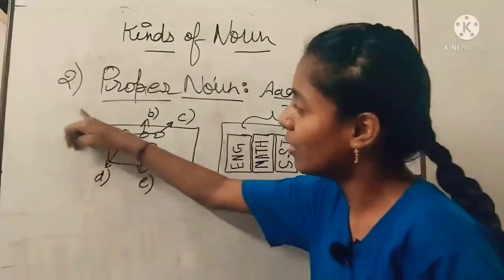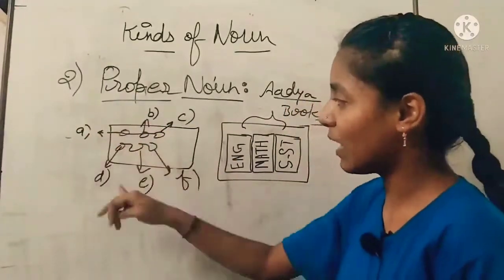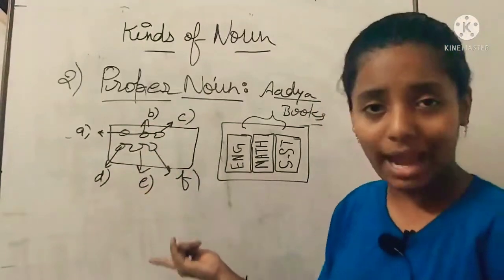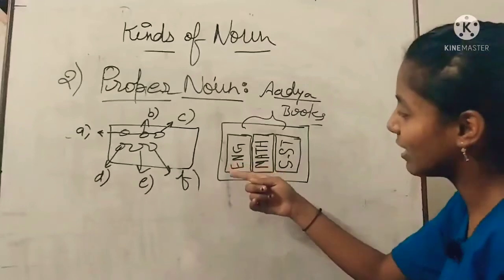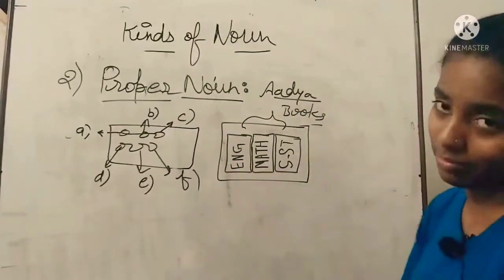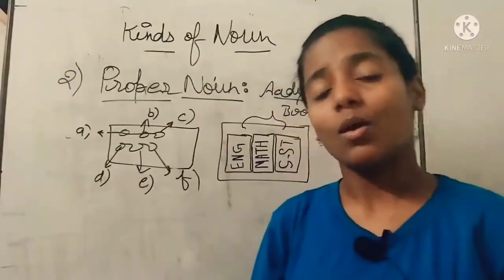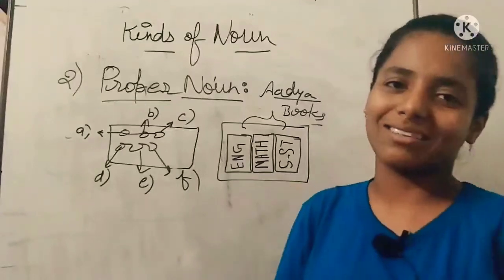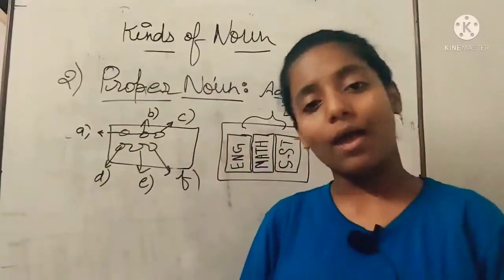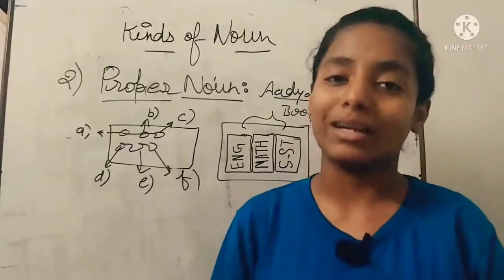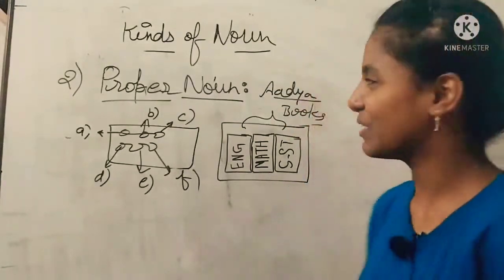Like here we have the name for every boy, A, B, C, D, E, F. In this group of books, we have the names English, Math and SST. So keeping these things in mind, you can understand very easily that a common noun comprises grouping and a proper noun comprises a particular name. Hope this much is clear.